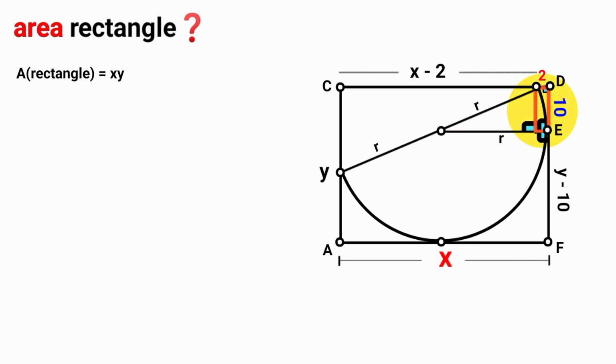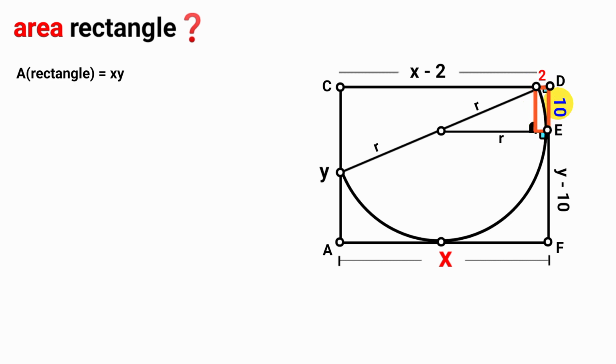Now look at this quadrilateral. The fact that 3 of its angles are right angles tells that it is also a rectangle. Opposite sides of a rectangle are equal in length. That is, this side and this are congruent, and this are also congruent.